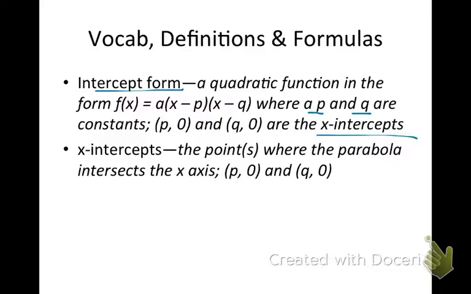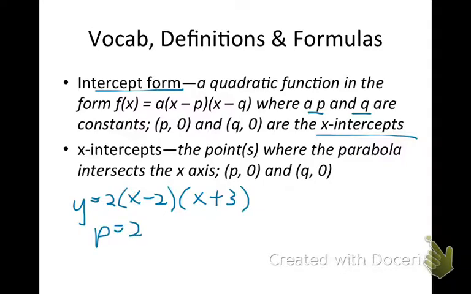So for example, if the equation was something like y equals, the same as f of x, 2 times x minus 2 times x plus 3, our p value would be 2, our q value would be negative 3. Because notice the formula is in terms of subtraction.